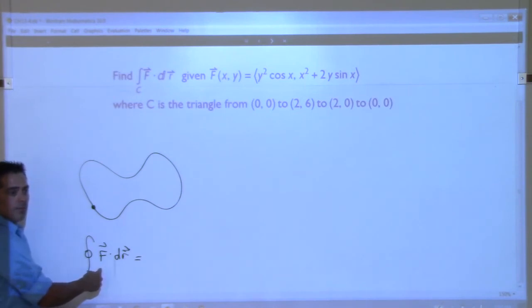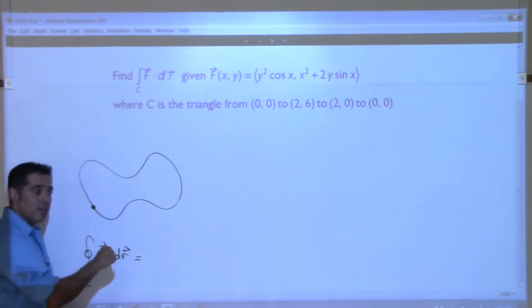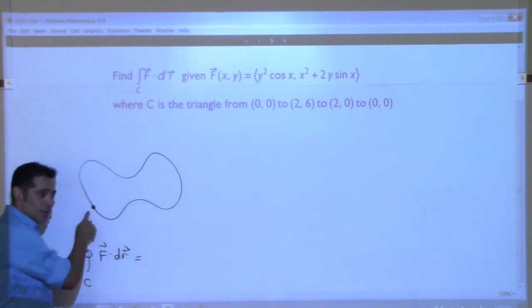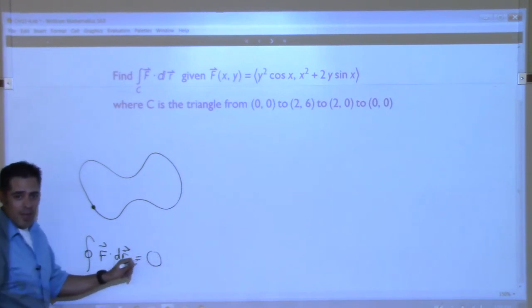It's the scalar function at the endpoint minus the scalar function at the starting point. But if it's a closed curve, then starting and ending is the same, which means your answer should be 0. Do you all agree with that? That's a huge thing here.